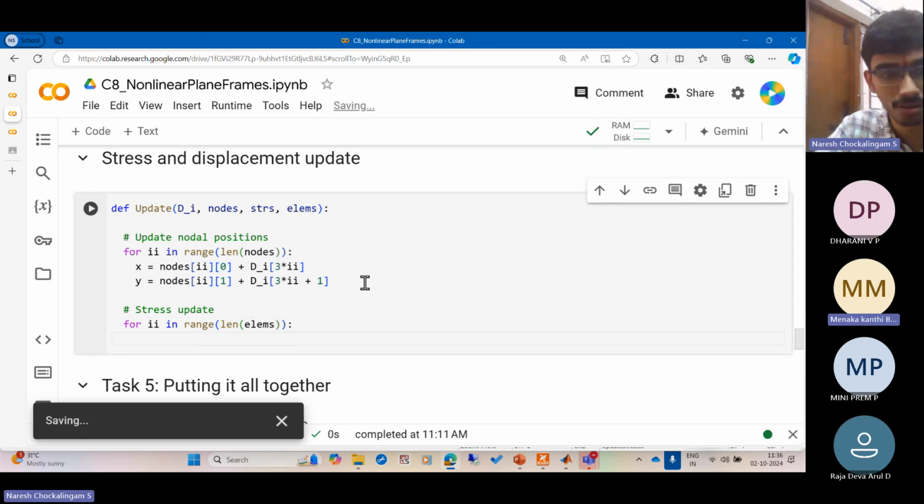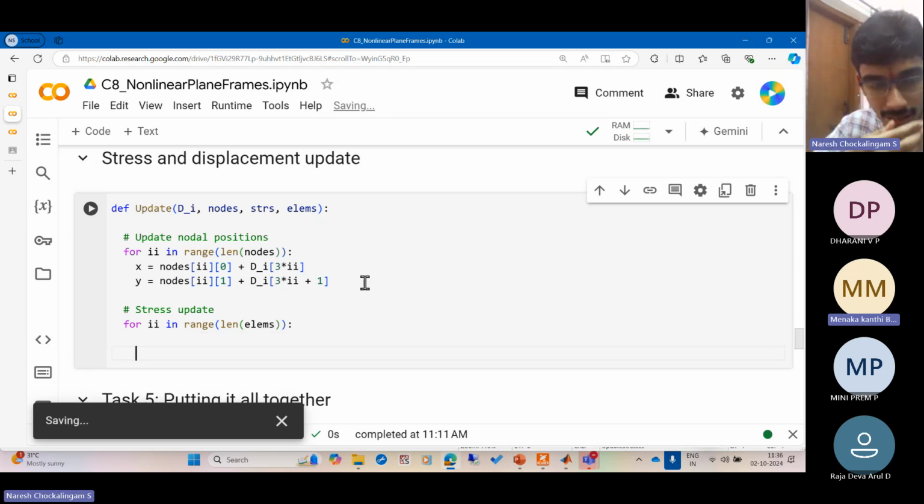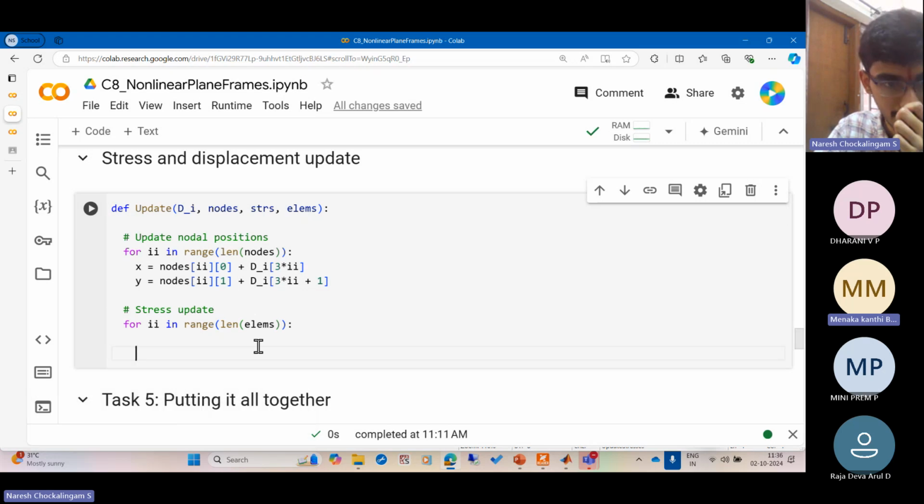So for every element, first we have to find the stress. How do you find the stress? For every element, we have the element displacement vector, right? We have the element displacement vector. We have the element stress vector.